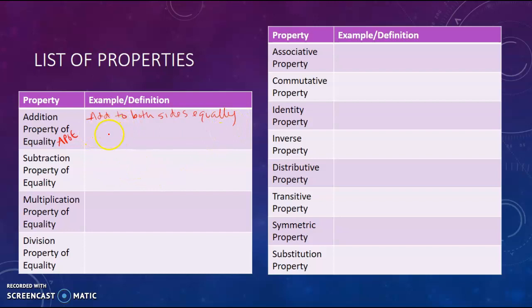So when we're doing the plus 10, what could we put here? 2x minus 10 equals 20, and we add 10. That right there is the addition property of equality. Subtraction property of equality, that is SPOE. And so that's when we subtract to both sides equally.